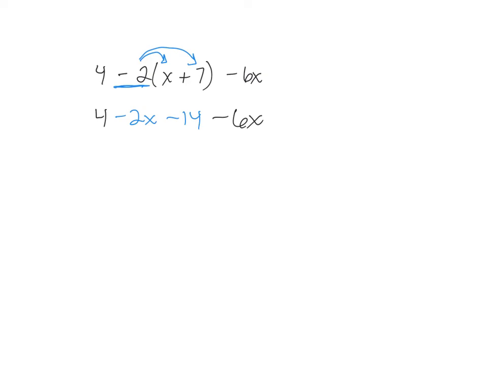The stuff I wrote in black, I didn't do anything to. I just did the blue stuff. Now I'm going to combine like terms. Negative 2x, negative 6x. Signs are the same, add them up. And then 4 and negative 14, the signs are different, subtract. But there's more negatives, so negative 10.